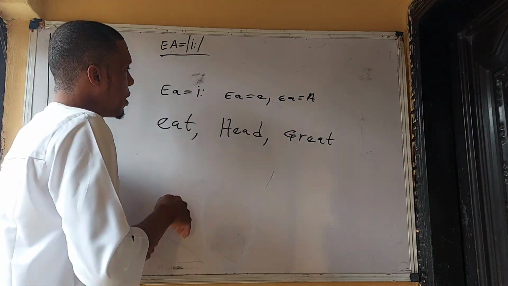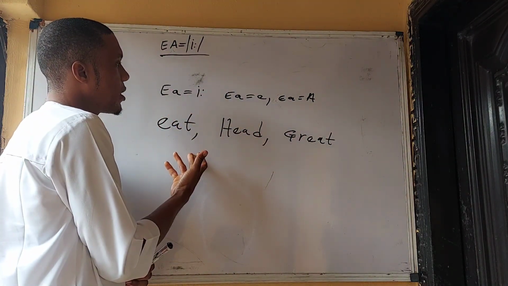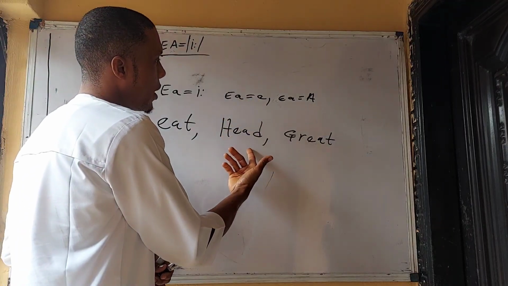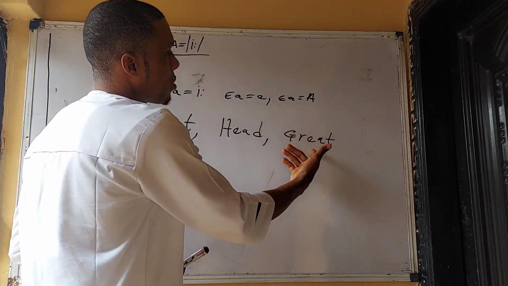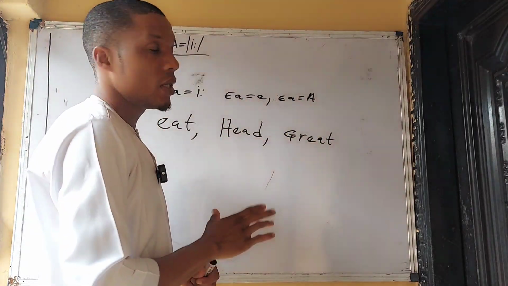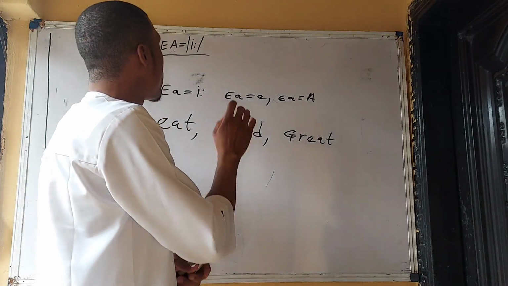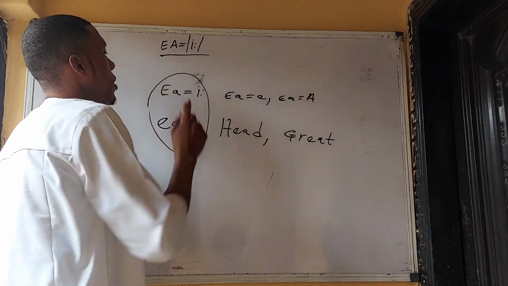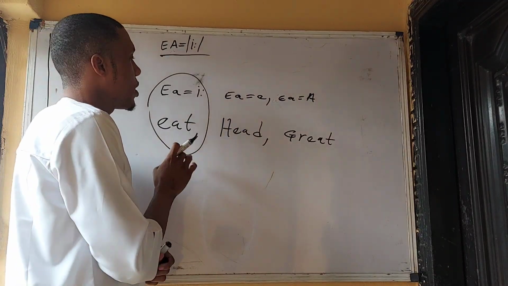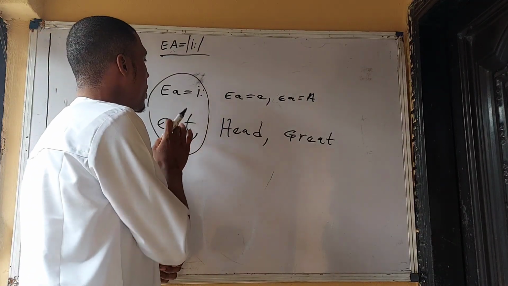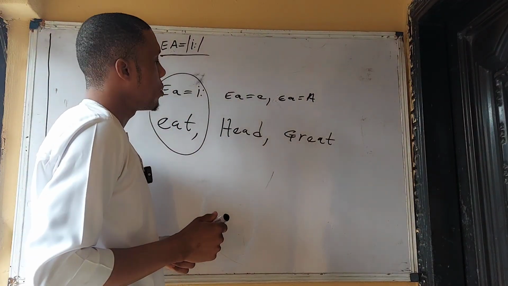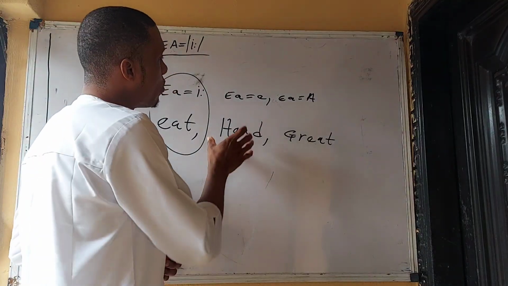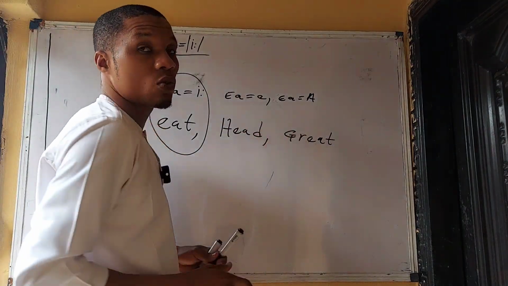So as you can see, EA is taking E sound, EA is also taking air sound, and EA is also taking A sound. It is important for you to know, but the area I want us to focus on today is EA taking the E sound. And if there is time, we will be able to elaborate on these two aspects also.